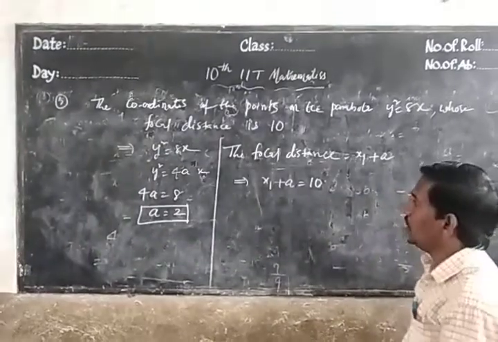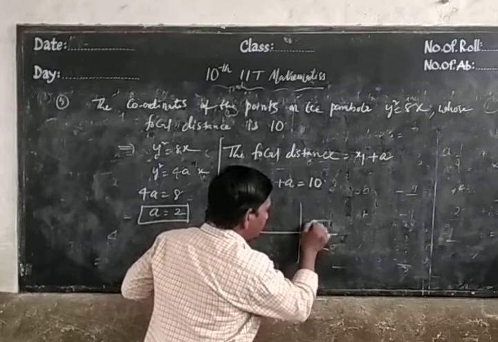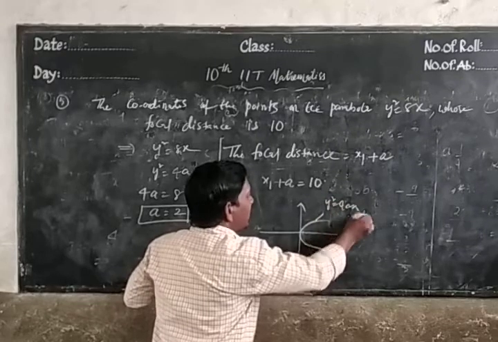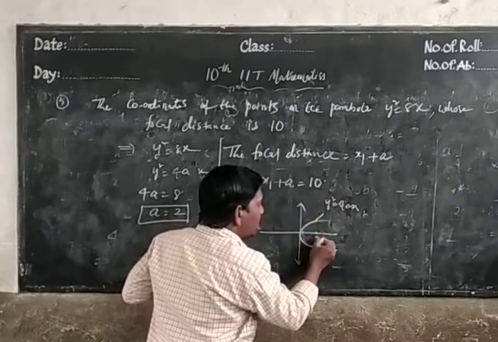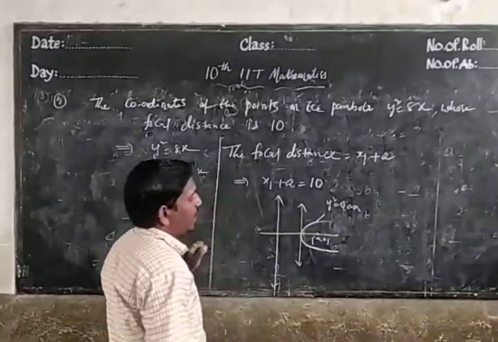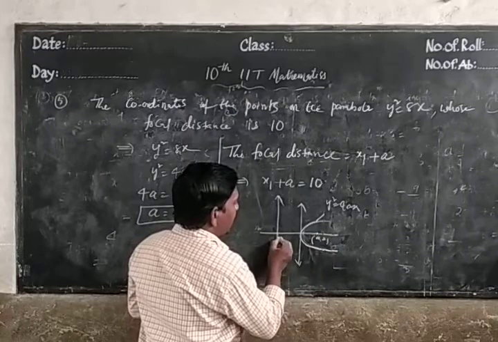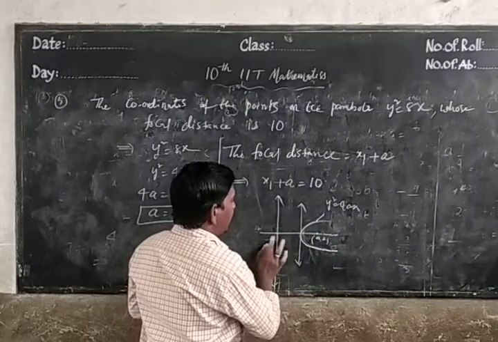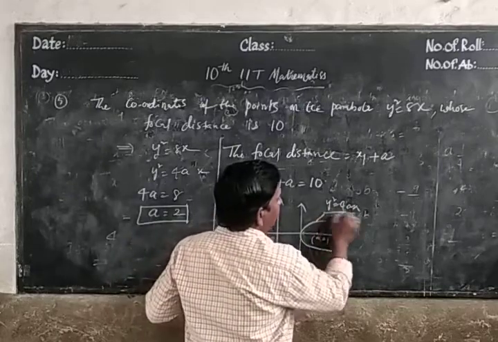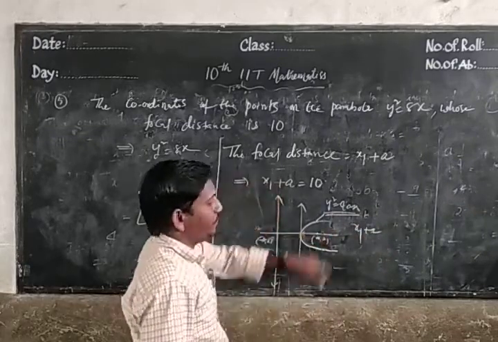x1 plus a. So, this is the parabola y square equal to 4ax. This is the focus (a, 0). This is the directrix, x equals minus a. The focal distance is x1 plus a.